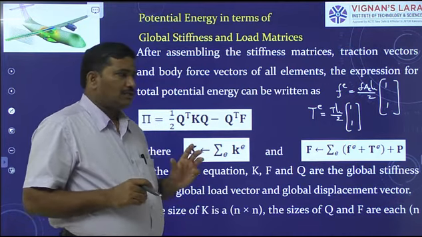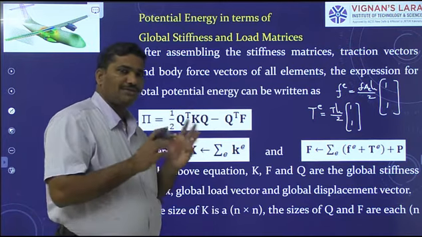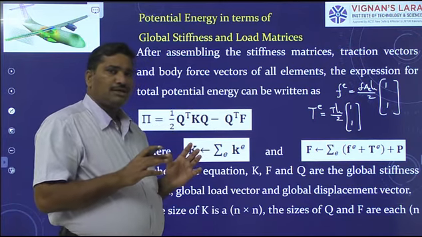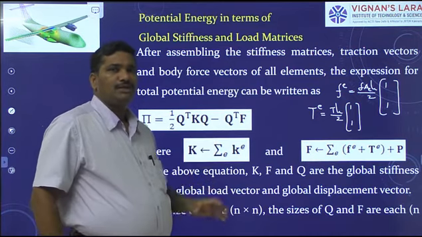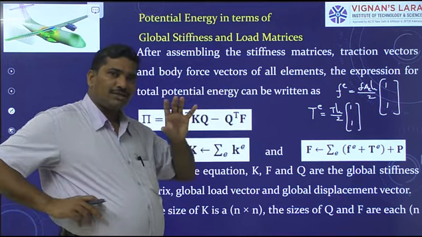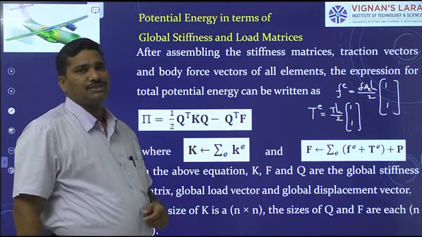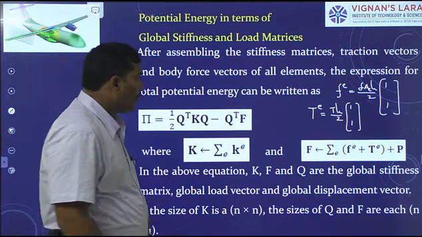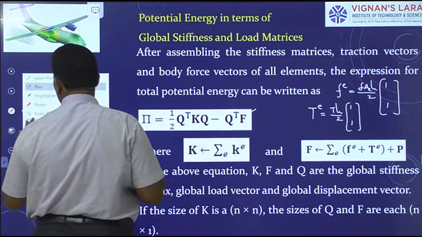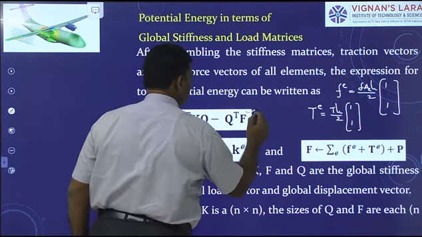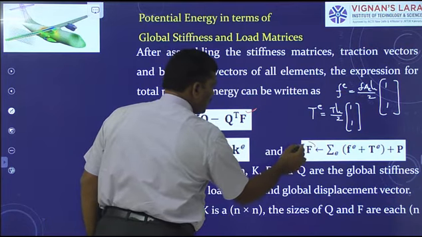After getting the global body force vector and global traction vector, sum up the global body force vector, global traction vector, and the concentrated forces. You get the global load vector F. So how do you understand the global load vector F?